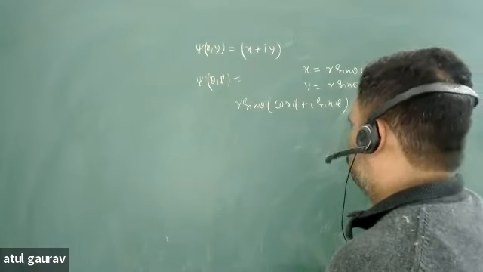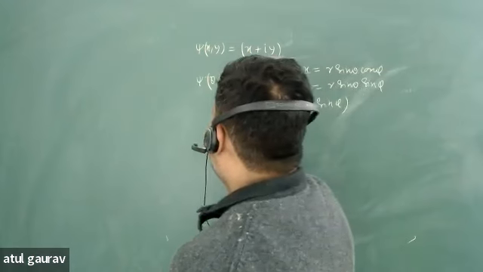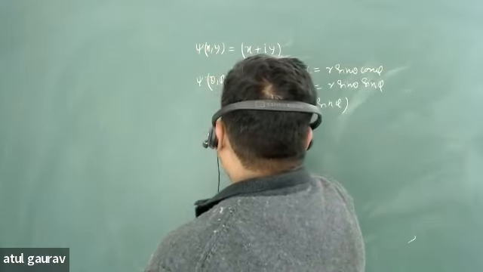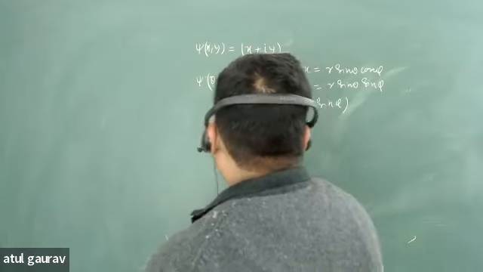Is to i e to the power i phi. So your psi theta phi is some r sin theta e to the power i phi.